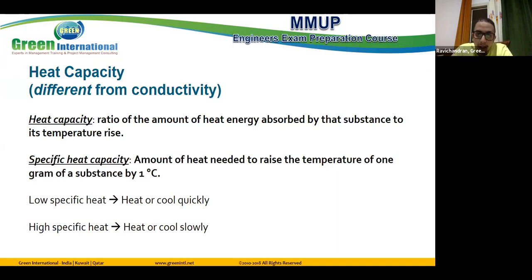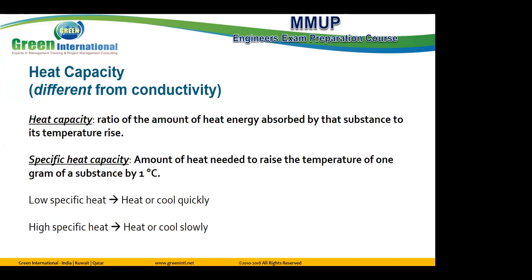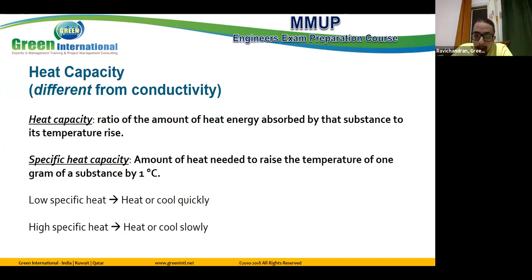We can define it another way: the amount of heat needed or added for a substance. We can mention this for 1 unit of mass, but not a fixed certain temperature, not like specific heat capacity.